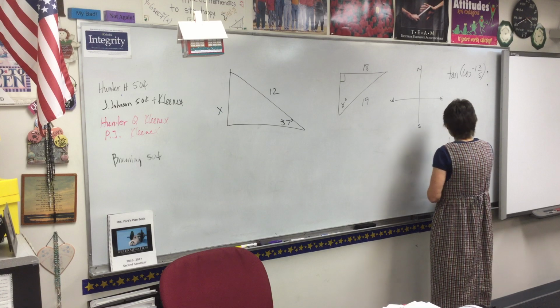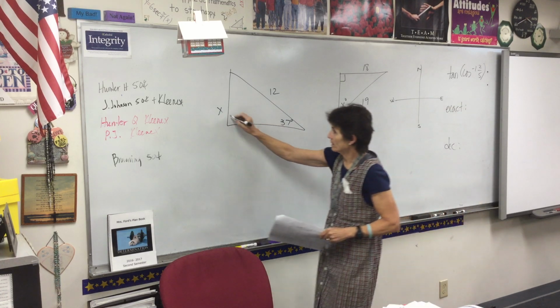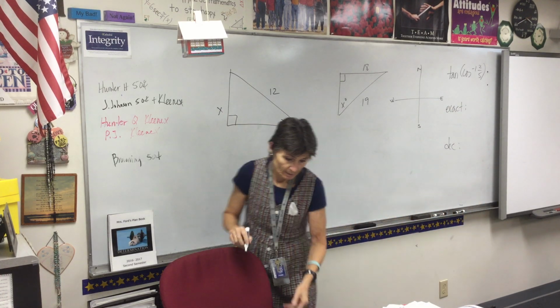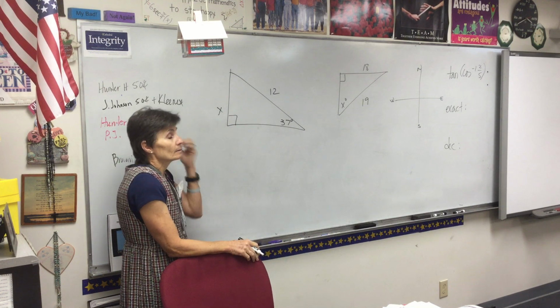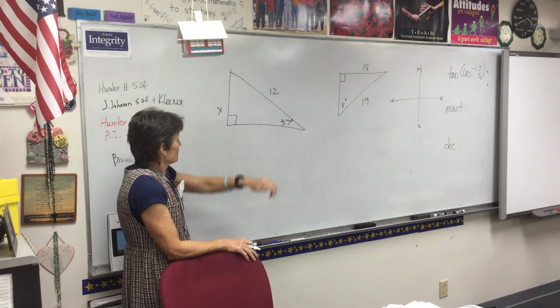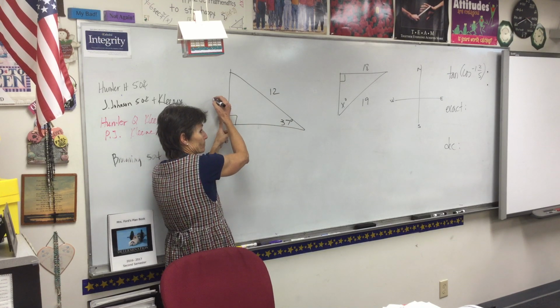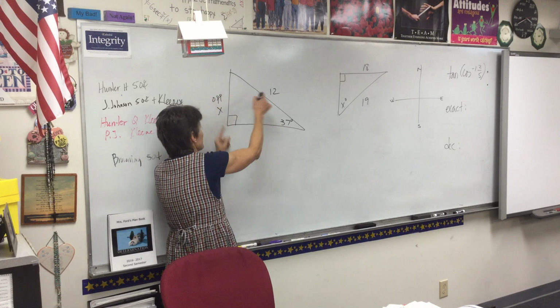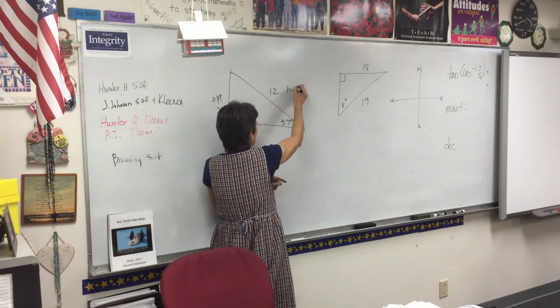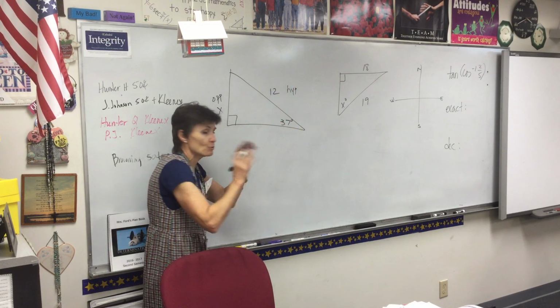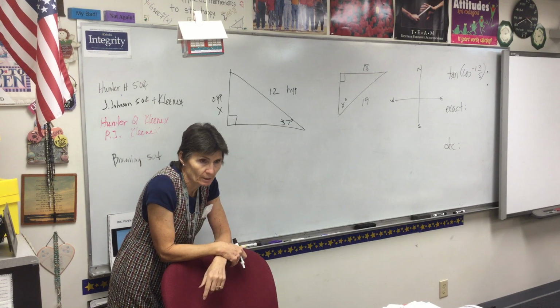All right, so here we go. We're going to work on this triangle right here. See that angle? Which side is this? Opposite. Which side is this? That right there, kids. If you think that way, you know exactly what your equation is going to look like.